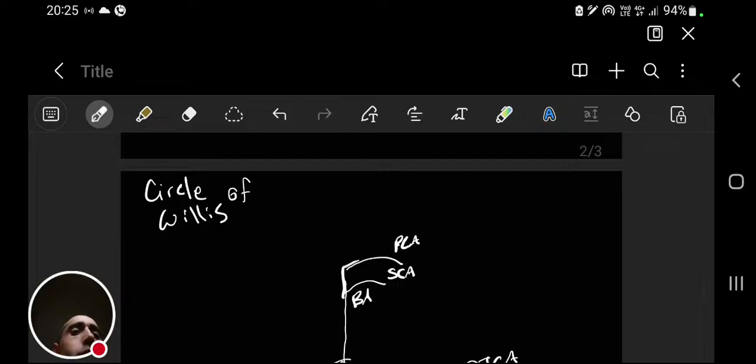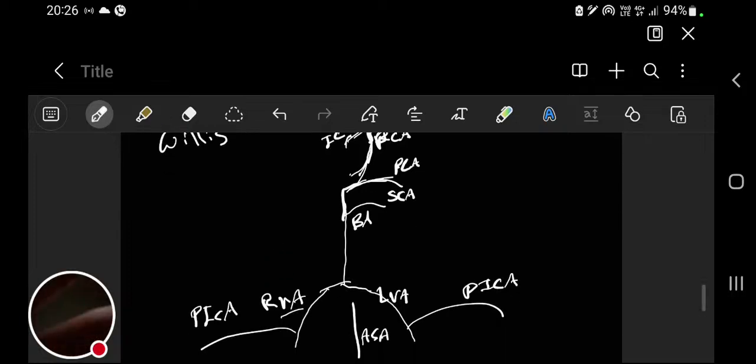Then we have the posterior communicating artery, coming to the internal carotid that gives off the MCA. So this is the internal carotid artery, and this is the MCA, middle cerebral artery, giving off the anterior cerebral artery, and then the anterior communicating artery that comes right here. So you see, this is the circle of Willis.